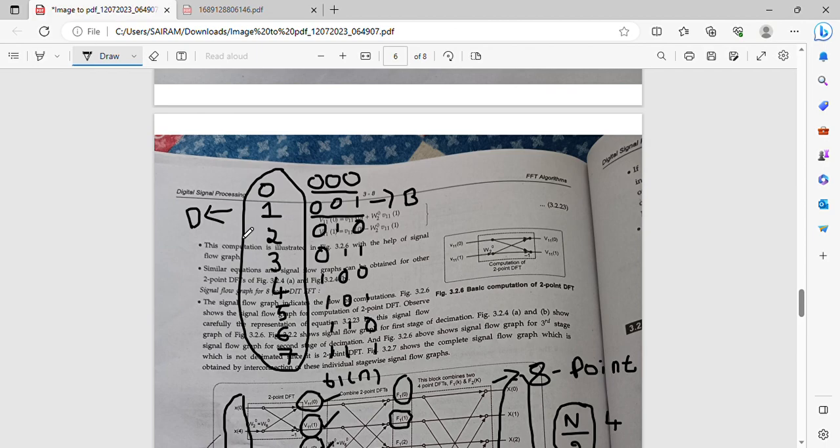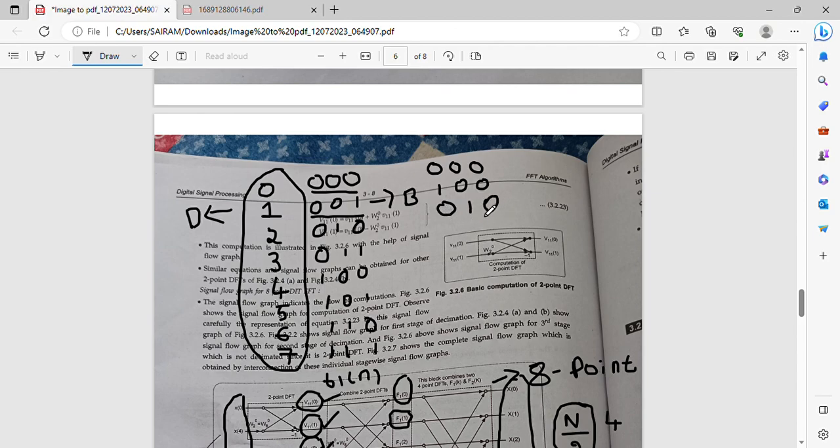you are going to bit reverse that binary form. If I bit reverse it, what do I get? I get 000, then 100, then 010, right?